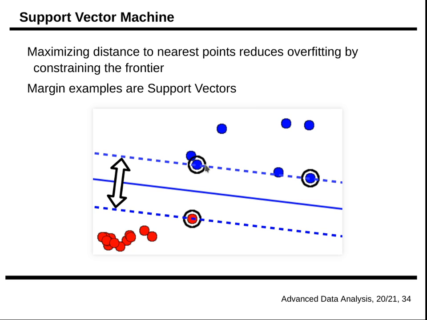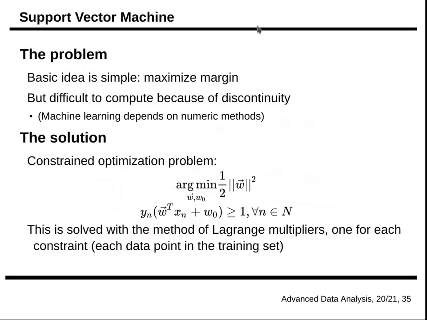We want to identify these support vectors, which are the vectors that lie closest to the discriminant, and we want to maximize the margin, that is to say, maximize the distance between the discriminant and these support vectors. So this is a simple problem in theory.